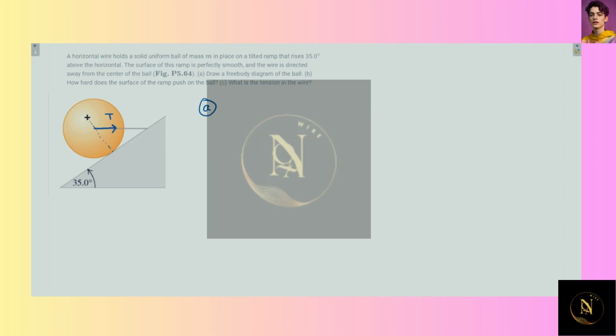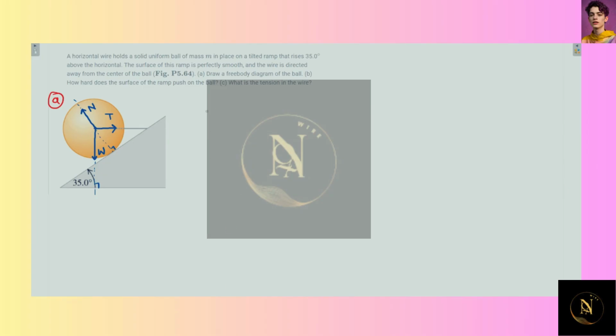Remember, the normal reaction will be normal to the surface, so that's directed somewhere here, and let's represent it by N. And the other force is the weight, which is exactly downwards at a 90-degree angle, represented by W. So this is the required free body diagram representing all the forces. Let's mark it A.